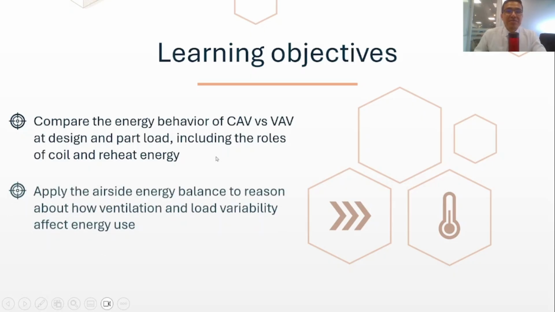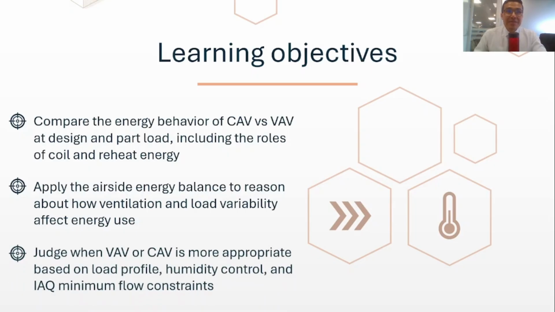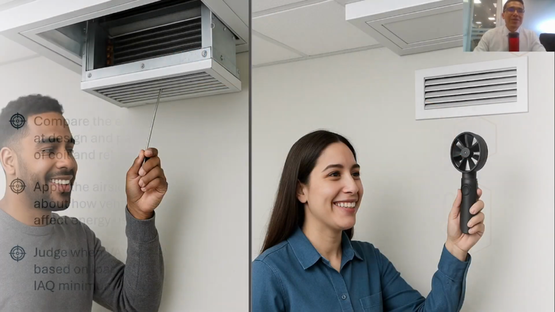Second, you will apply the energy balance to quantify how ventilation and latent loads influence performance. And third, we will judge when each system is a better fit, considering load variability, humidity management, and minimum ventilation needs. These are directly aligned with the intended learning outcomes of this module.